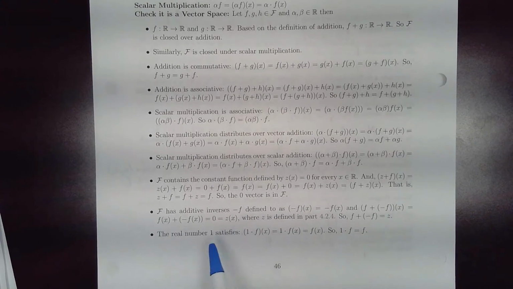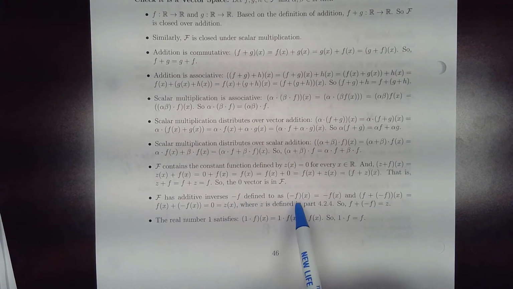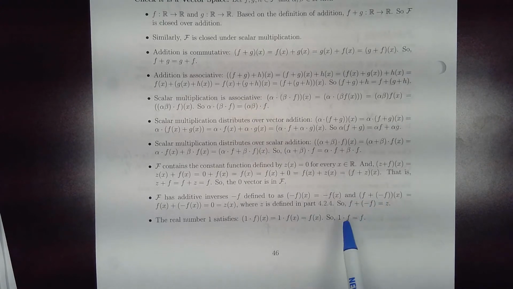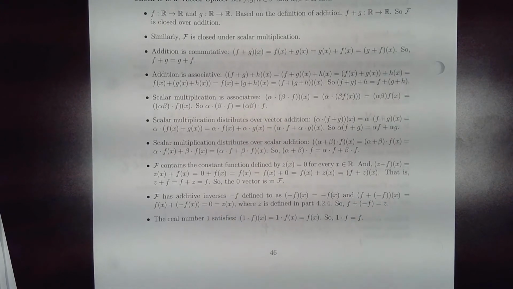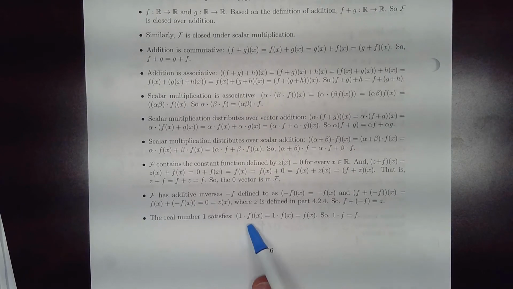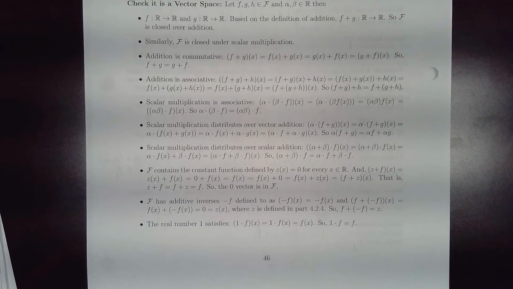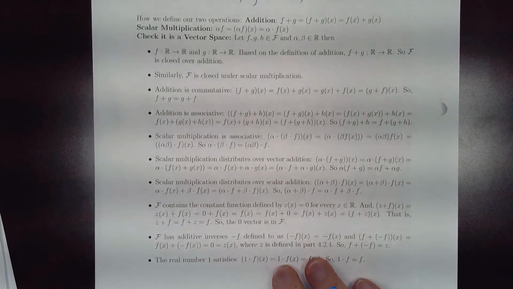If we want to get our inverses, we'll just take -1 times our functions and add those together in order to get that 0 function we were talking about. And if we take the real number 1, our scalar, and multiply it by a function, we'll get the same function. So for functions, everything works the way we want it to. Everything's hunky-dory.